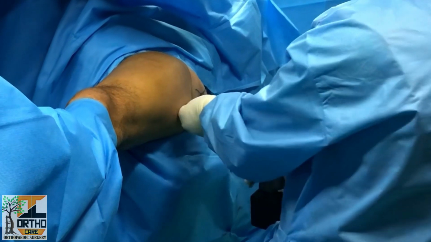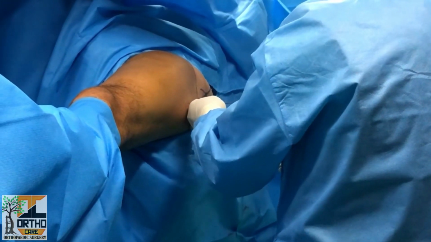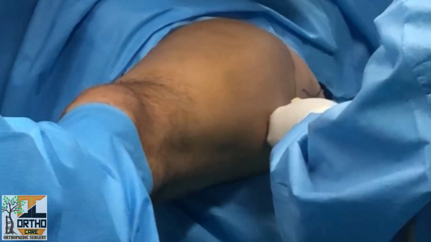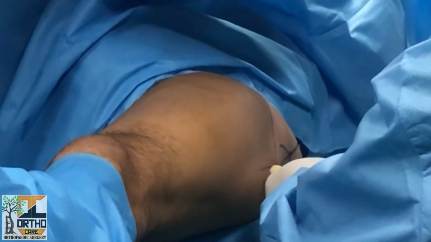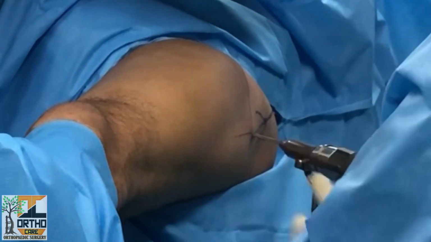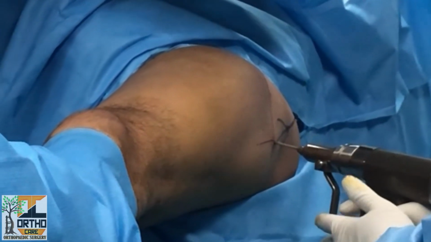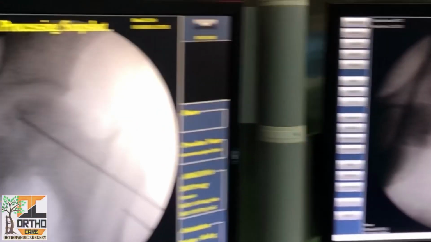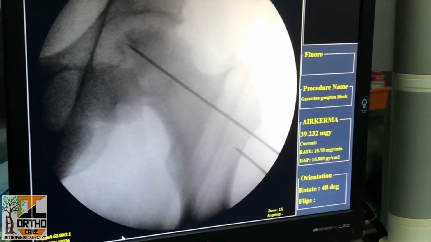So now taking the second K-wire. Now the work is very easy. We just want to go below the previous wire and parallel to it. So going parallel to it makes easy and it will reach to the head in the same direction. As usual, confirm the position whether it is going parallel.